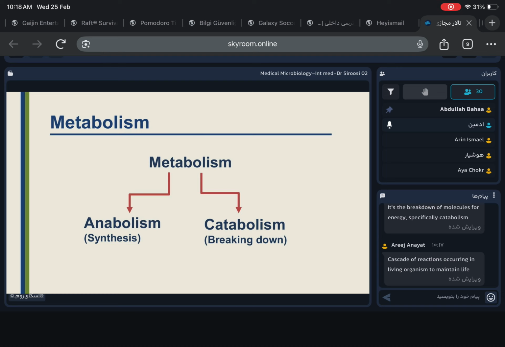This energy is used in anabolism. During anabolism, larger and more complicated molecules are synthesized from smaller and simpler molecules. Even macromolecular cell structures are built during anabolism, and this process needs energy. So we have synthesis in anabolism, and synthesis needs energy.